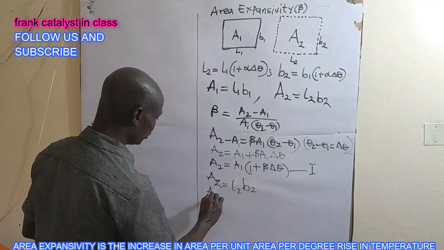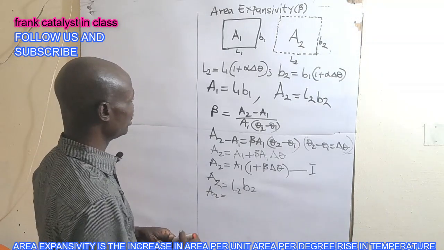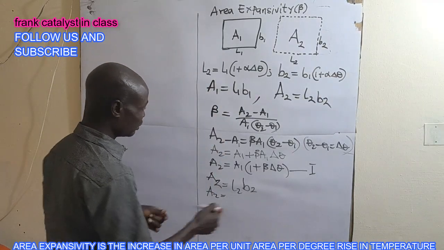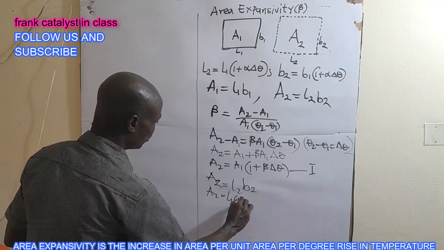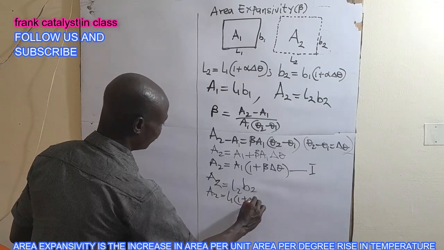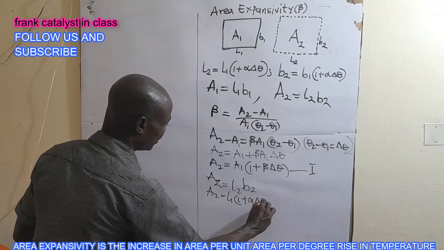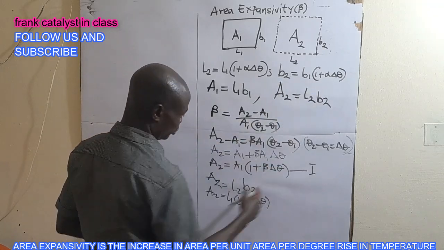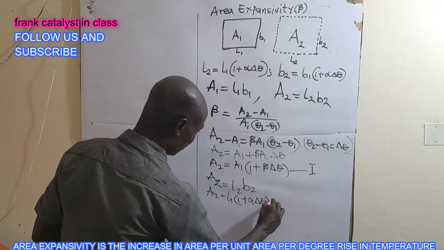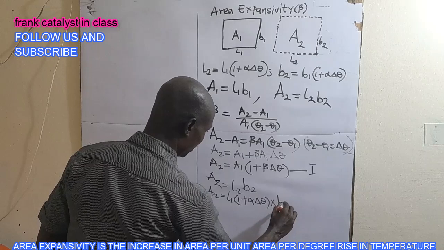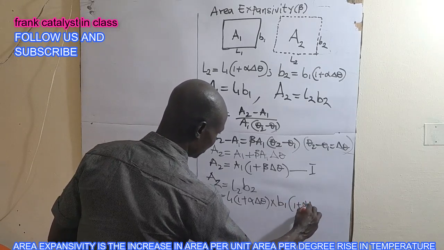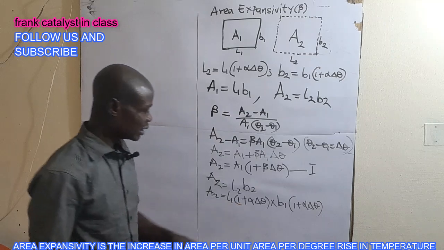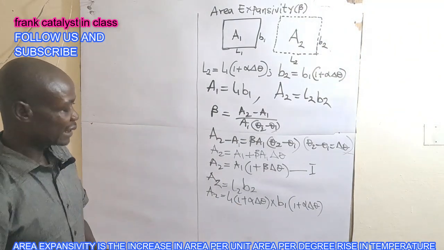Now L2 is L1 bracket 1 plus alpha change in theta, and B2 will be B1 bracket 1 plus alpha change in theta. So this is it. We are going to expand.